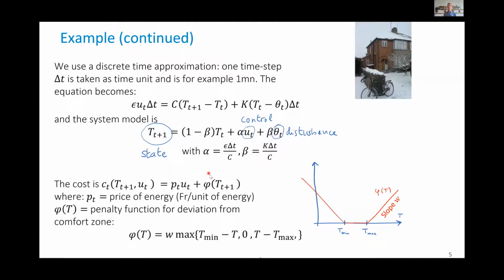Here we add a second element, which is a penalty function for deviations of the temperature from the desired state. So I'm assuming here there's a minimum temperature and a maximum temperature. In MacKay's book, this is from 18 to 20 degrees. In Switzerland, it might be from 20 to 22 degrees, depending on your perception of comfort.